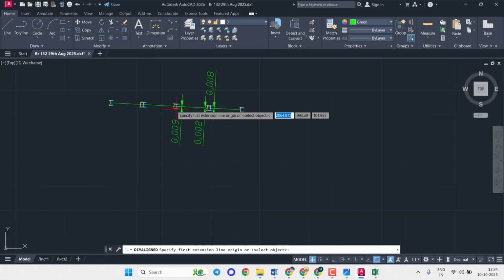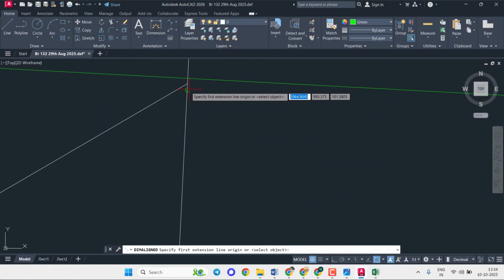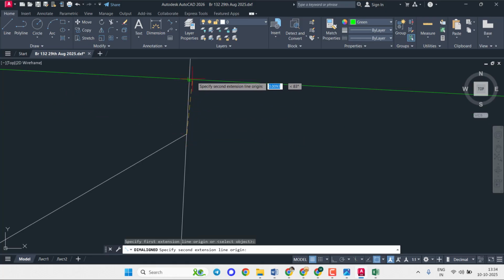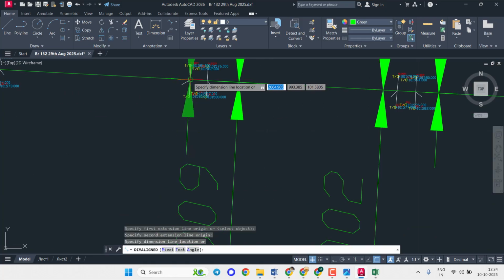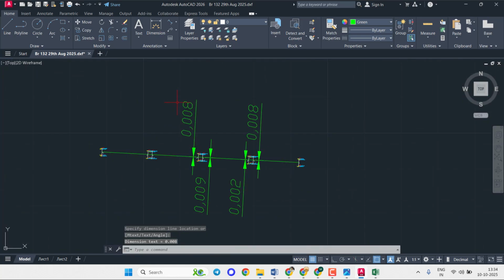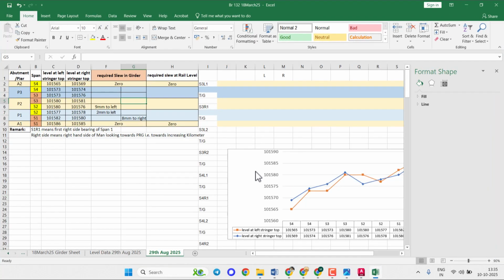Next, eight mm to right. That is Pier 2 of the third span. 8 mm to right.